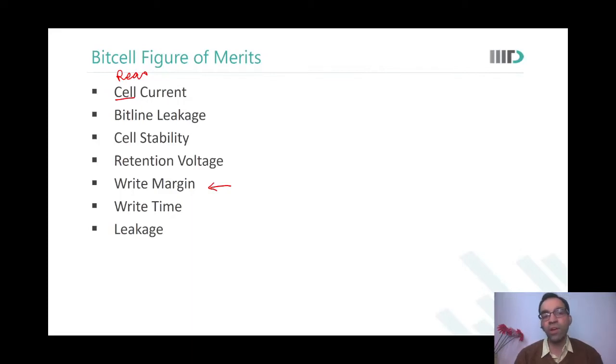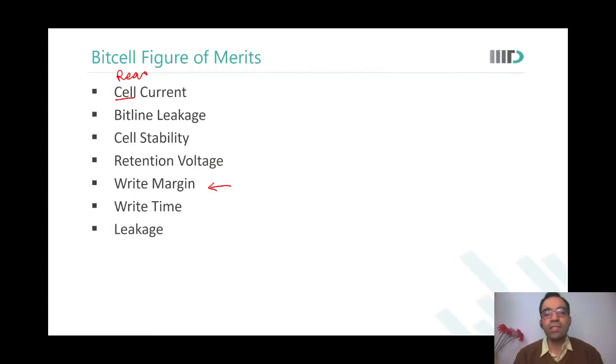Leakage is a very important figure of merit, because as we just saw, out of 1024 words, even when the memory is accessed, only one word is on, the remaining 1023 words are off. So when they are off, it means they are simply leaking, not doing anything else. So leakage is a very important figure of merit for a memory cell.